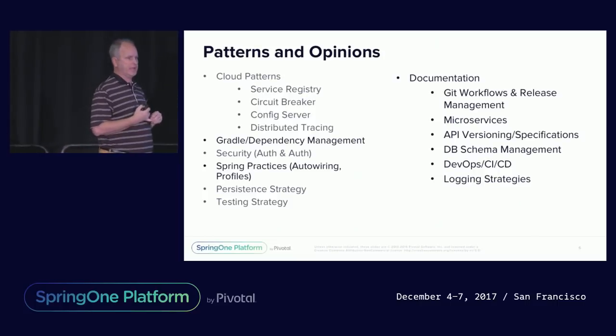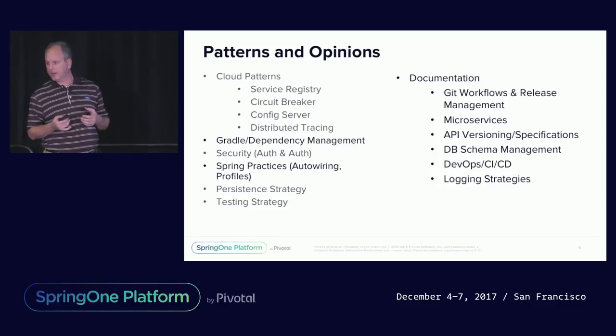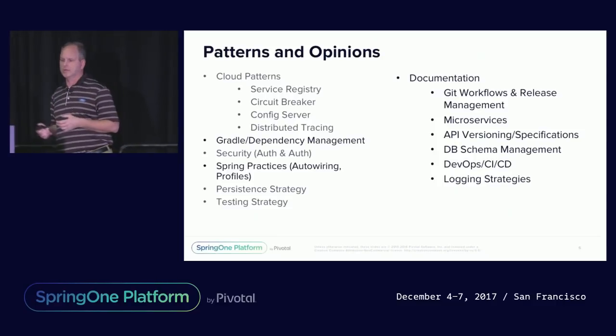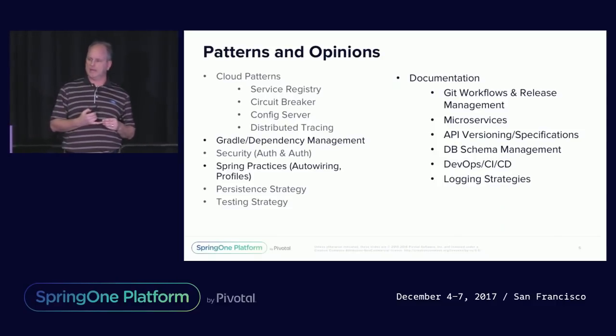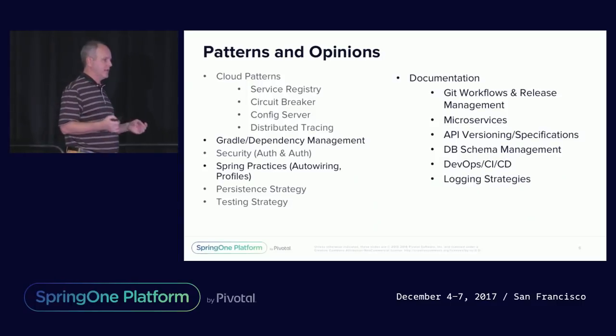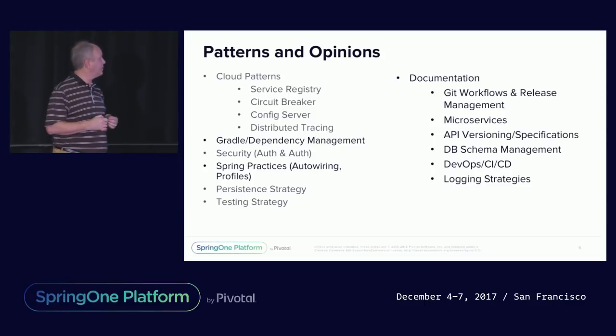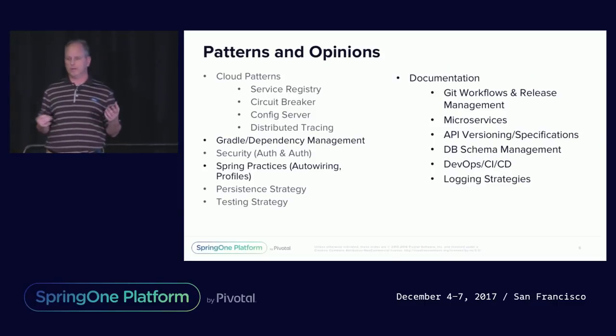You use all the great Spring Cloud services: service registry with Eureka, circuit breaker, config server backed by Git, distributed tracing with Sleuth and Zipkin. Yes, you can find documentation to implement any one of those things, but we're showing all four of them in the same app.